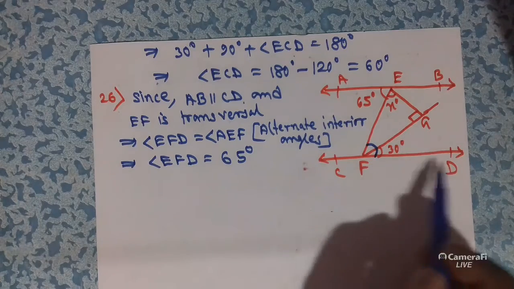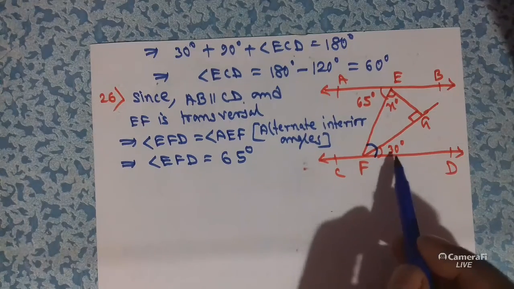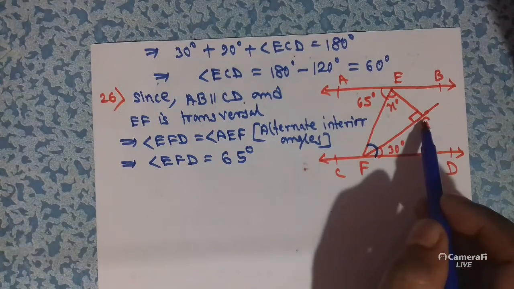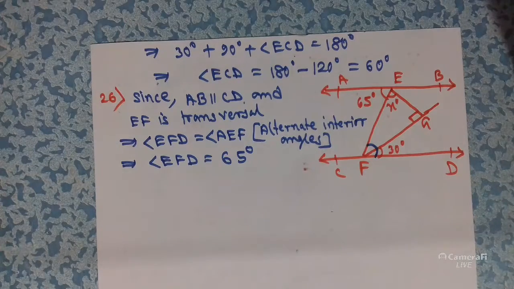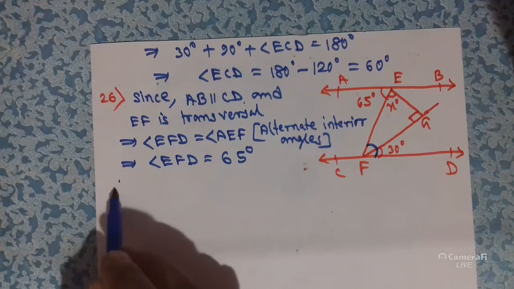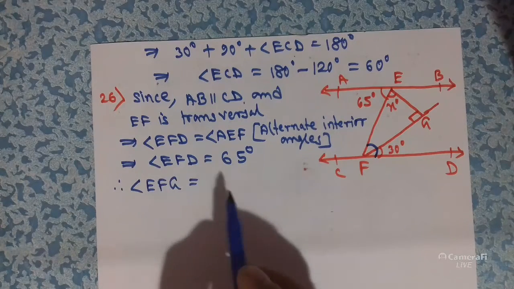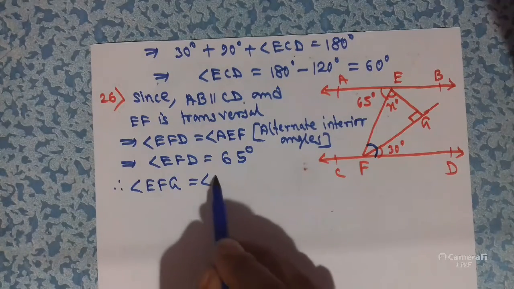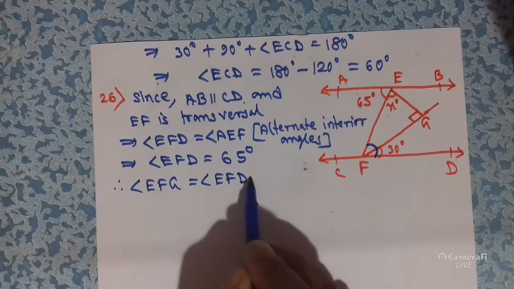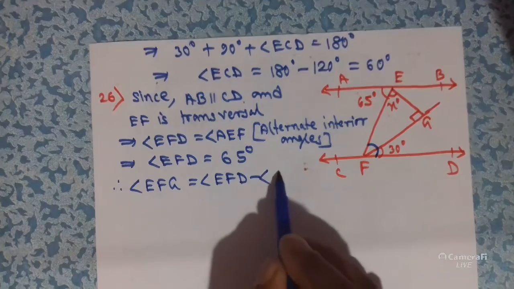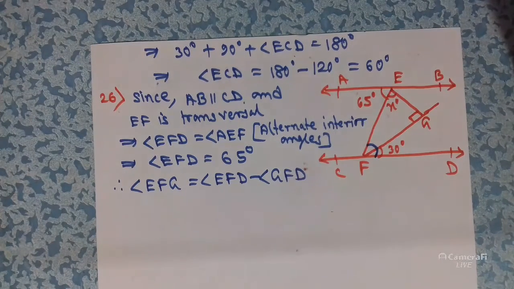But angle GFD is 30. So that means angle EFG will be 65 minus 30. So therefore angle EFG is equals to angle EFD minus angle GFD.